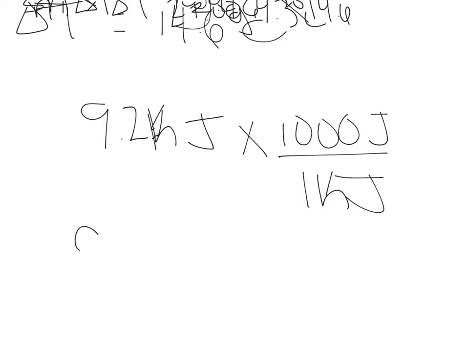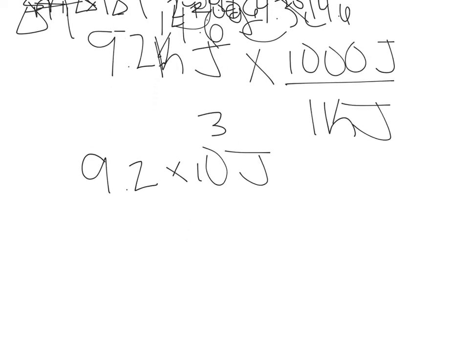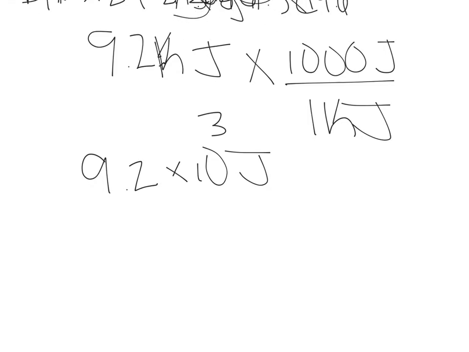So that's 9.2 times 10 to the third joules. Let's keep it like that. And then they are giving you the mass in the problem. It's 55 grams. And the initial temperature is 25 Celsius, and the question is the final temperature.